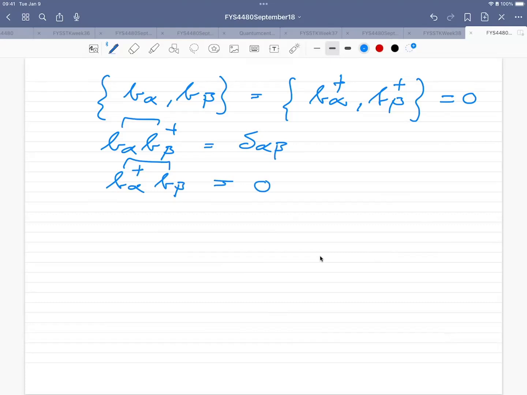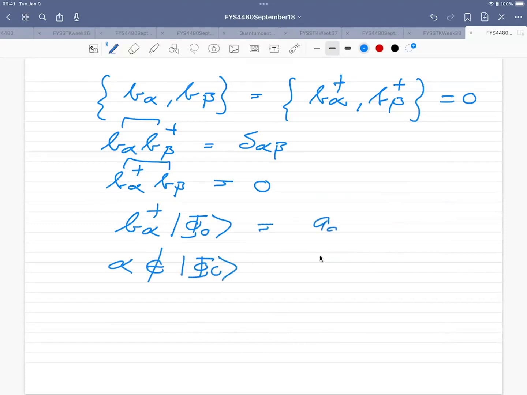Now, if you look at the operation of B alpha dagger acting on phi 0, if alpha is not contained in phi 0, then this is simply the old operator, A alpha dagger, acting on phi 0.